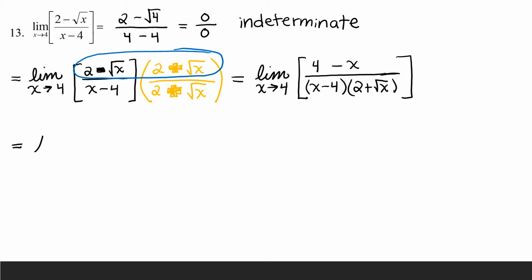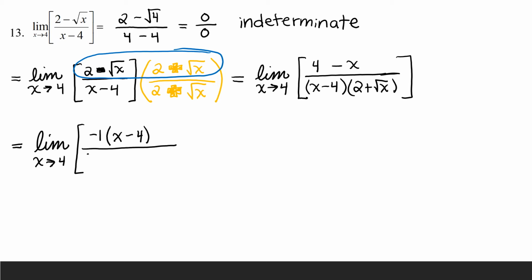So this is equal to the limit as x approaches 4 of negative 1 times negative 4 plus x, but negative 4 plus x is the same thing as x minus 4.